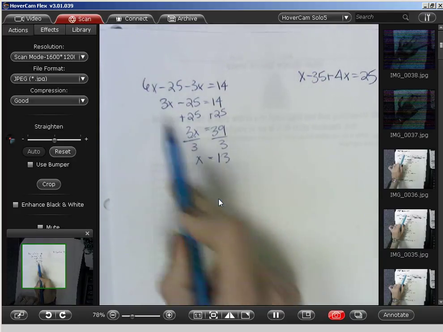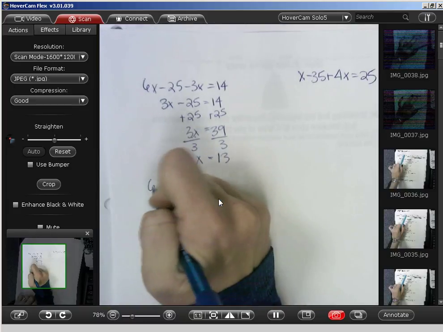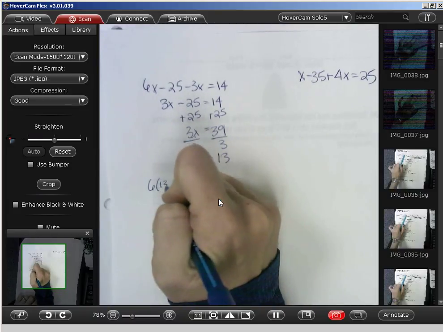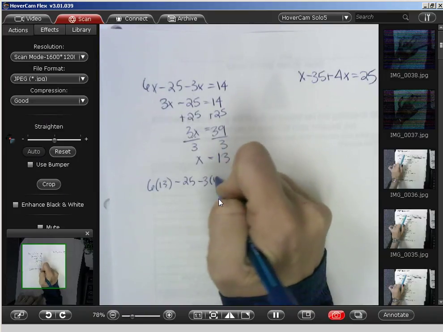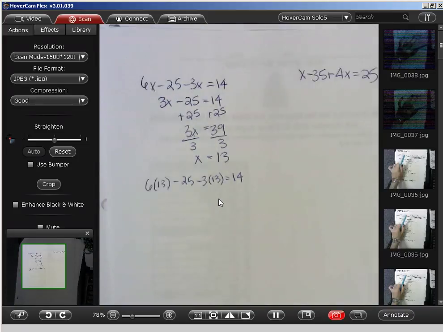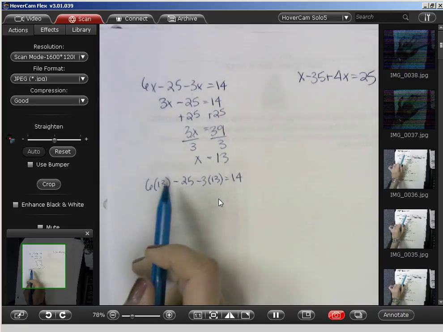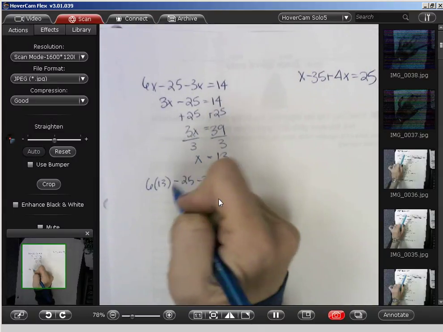Now I'm going to substitute that back into the original equation for that last double check to make sure that I'm right. If you notice, I'm literally rewriting the equation with my solution in there. So I've got 6 times 13, which equals 78.